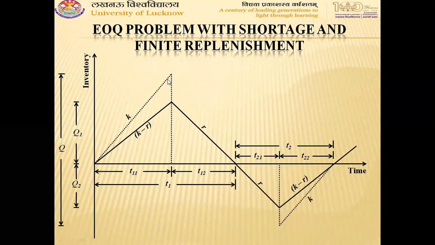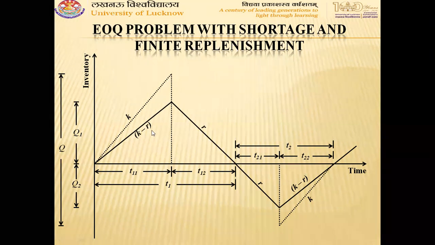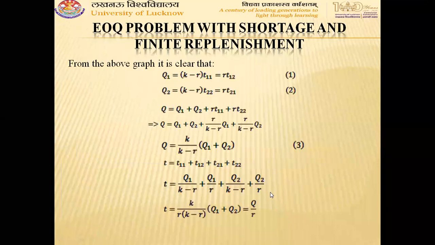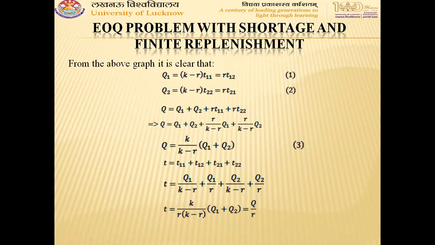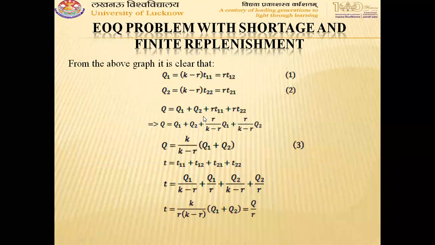So K into T11 can be divided into two parts: K minus R into T11 plus R into T11. That is K minus R into T11, which becomes Q1, so Q1 plus R T11 plus Q2 plus R T22. So Q will become Q1 plus Q2 plus R T11 plus R T22.